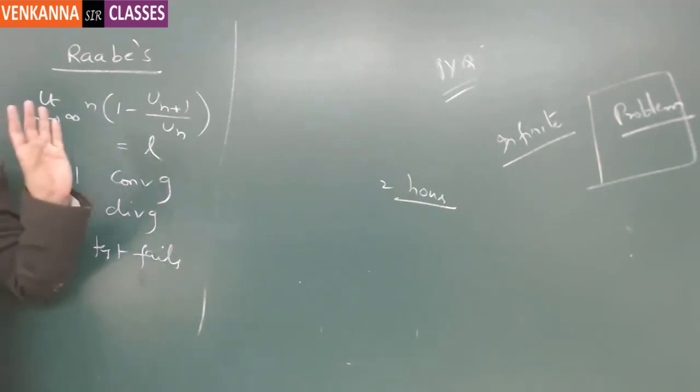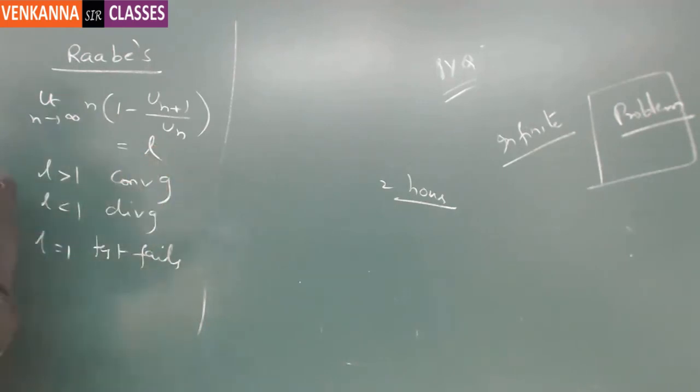Otherwise, first concentrate only on the class concepts, then go with the standard textbook, because it is not possible to cover the whole textbook in the class itself. I will take the majority which are important from the examination point of view, and the whole concepts in a nutshell. Okay? Thank you. So that's all for today's session.